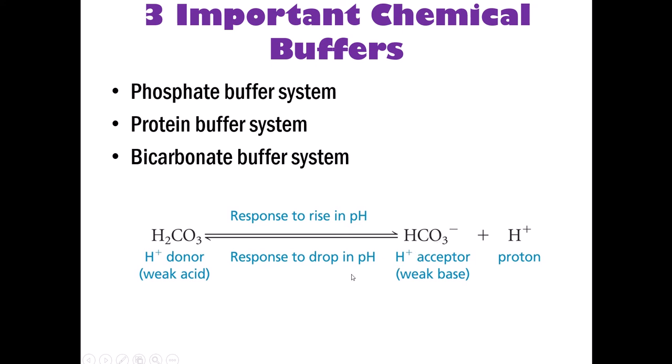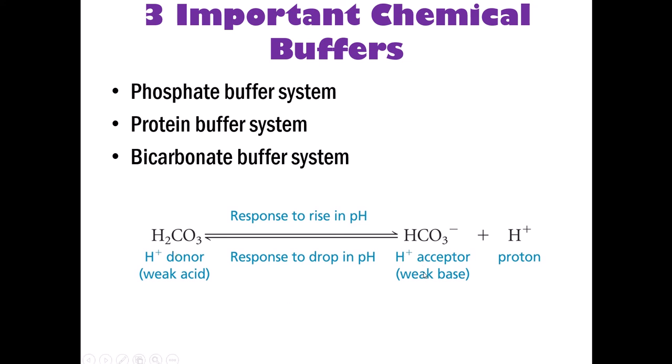And so if the blood pH becomes too basic, then carbonic acid can be a hydrogen ion donor, which will release hydrogen ions and bring the blood pH back down. It'll make it more acidic.